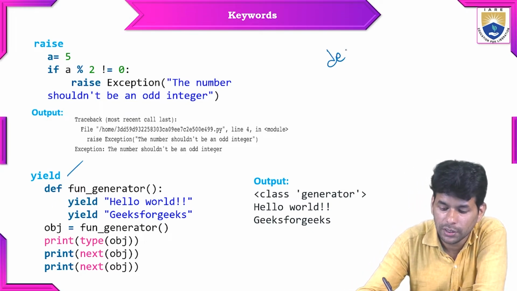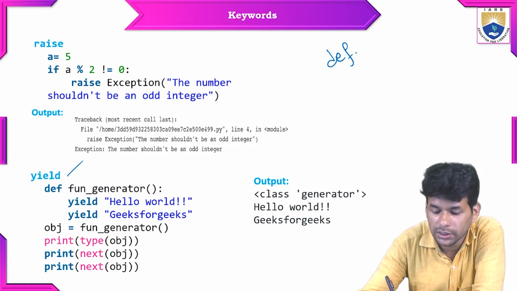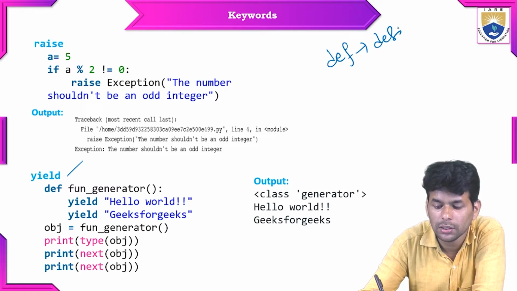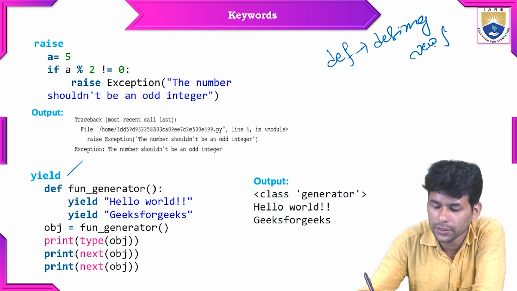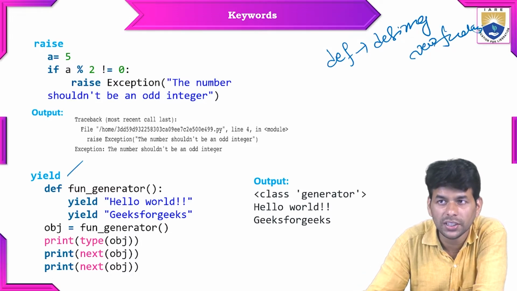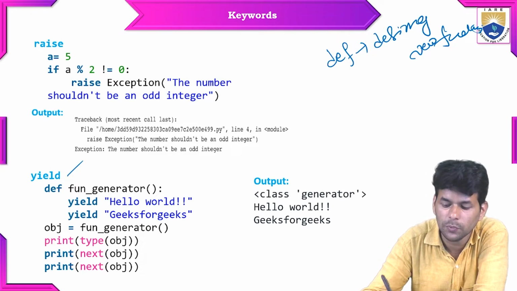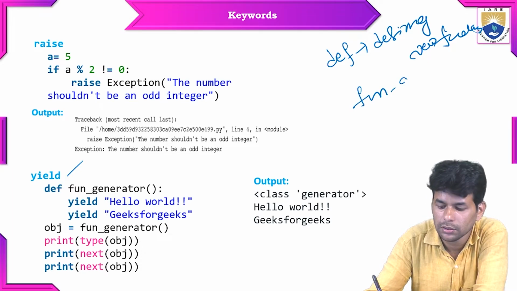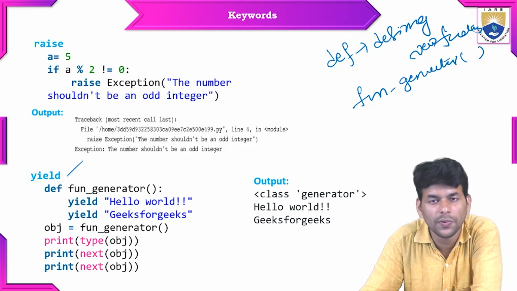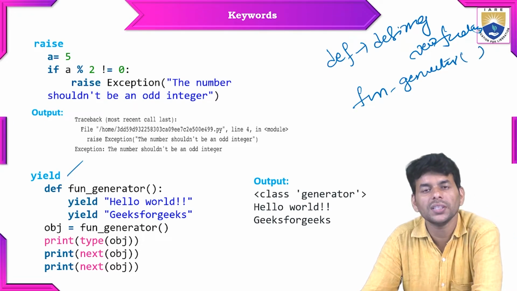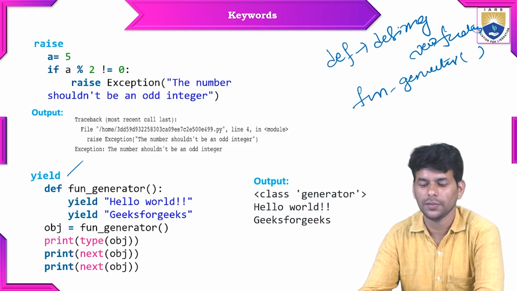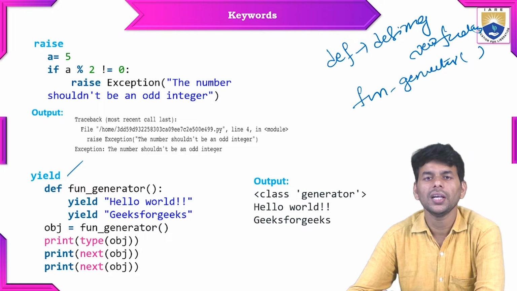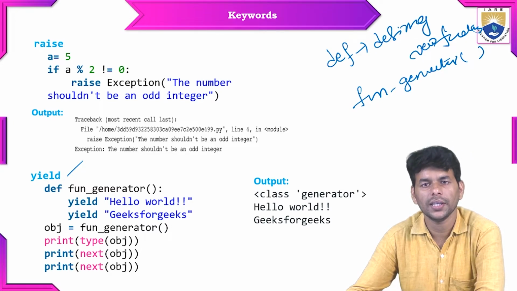Using def means it is defining a new function, and that new function is named fun_generator. This fun_generator is our function generator. Is that clear?